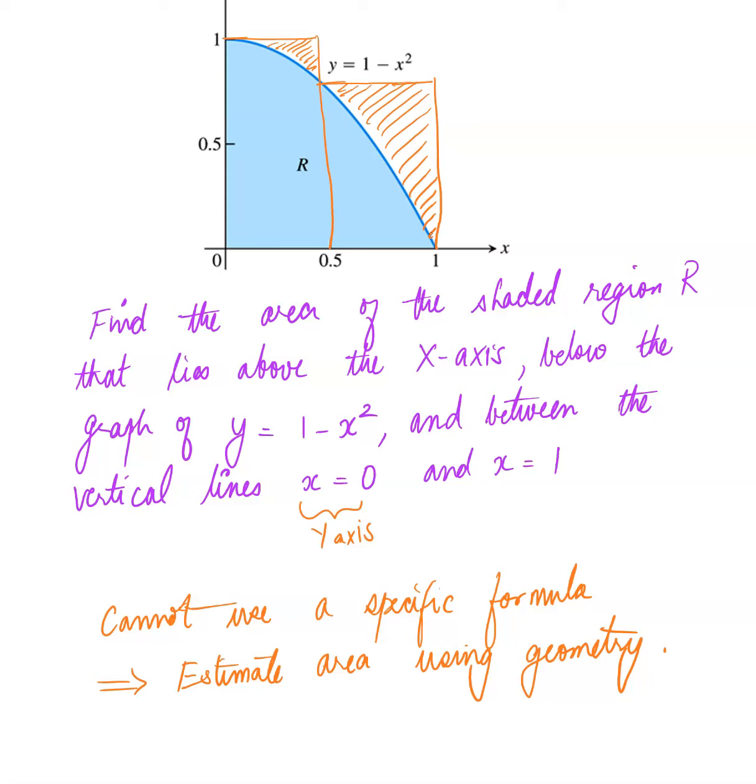Well, the natural progression would be to break this into not 2 rectangles but 4 rectangles, and let's see if that is a little better. I know my rectangles aren't great. I'm going to show you a better picture.